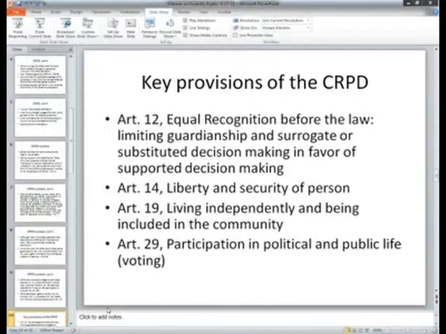This article, some have argued, would actually ban civil commitment in all cases. It certainly would suggest that civil commitment based simply on the existence of mental disability would be insufficient. It's not clear whether mental disability plus dangerousness, for example, would satisfy this provision.